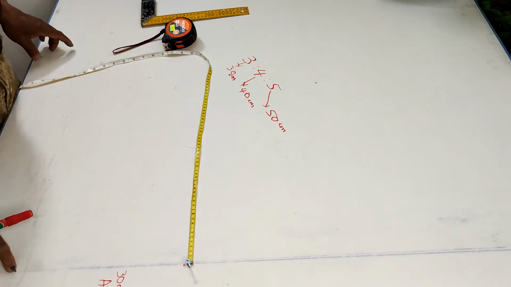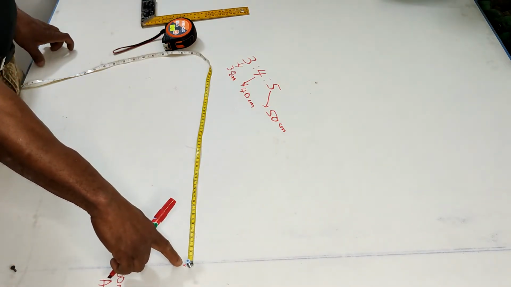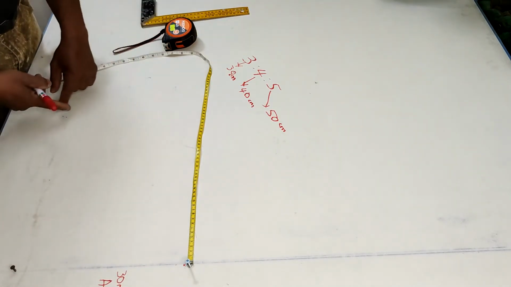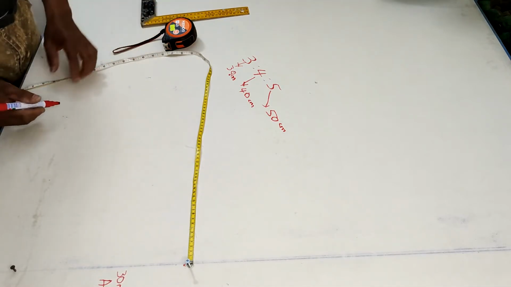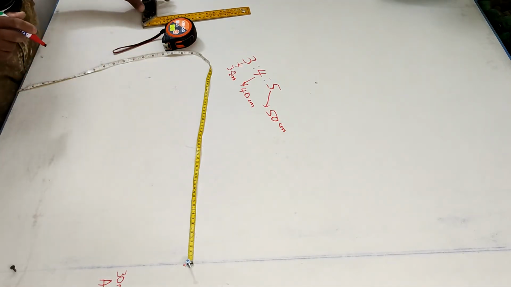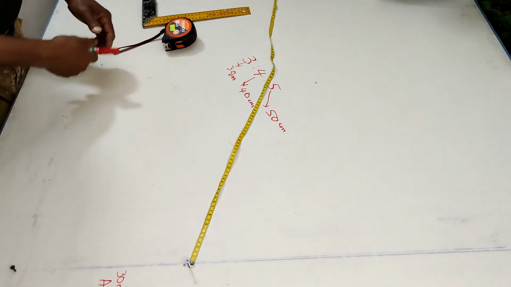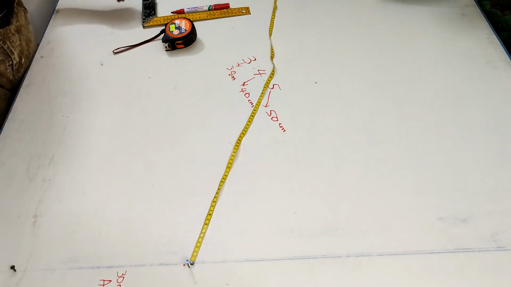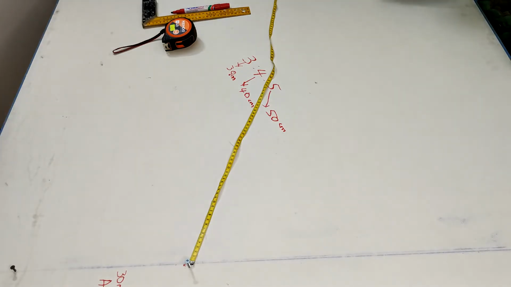So I have this starting point here. And from this starting point, I have 30 centimeter. From this starting point and 30 centimeter, I now begin to shake the two and see where it meets. This is where it meets now. So in this case, let me make the line, this second line.